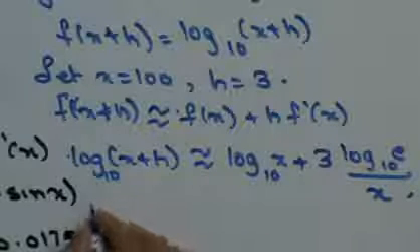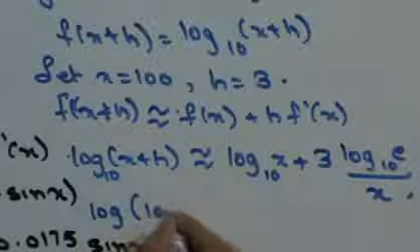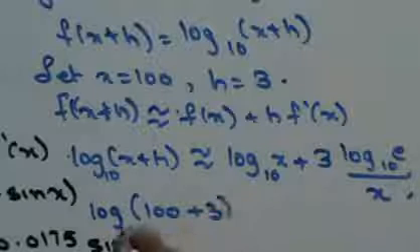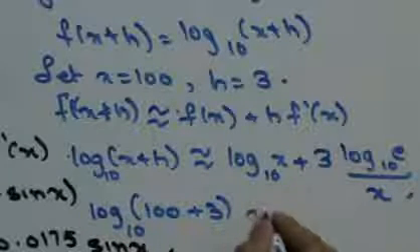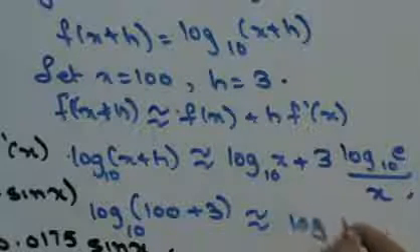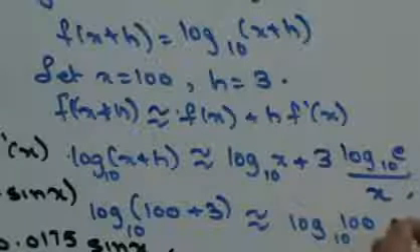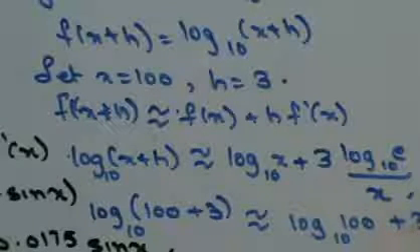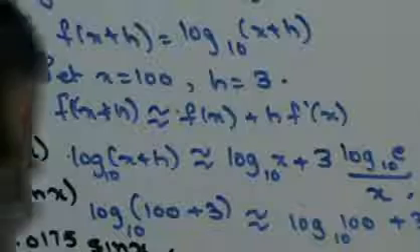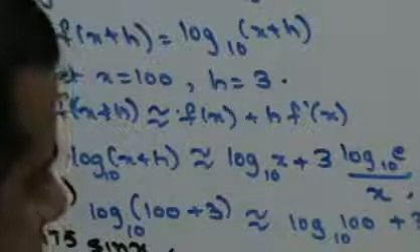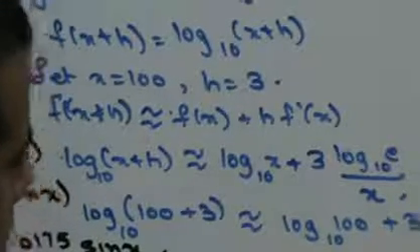Substitute the values, so you will get log 100 plus 3 to the base 10 is approximately equal to log 100 to the base 10 plus 3. Log e to the base 10 is given to you as 0.4343 upon x. X is 100.